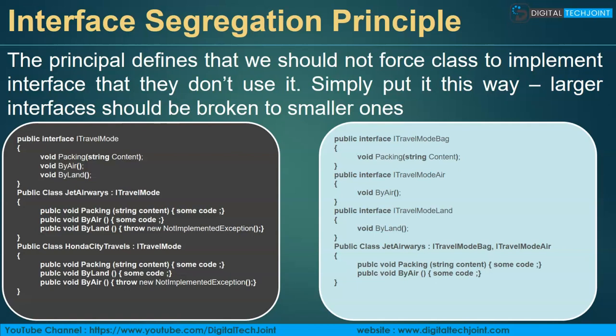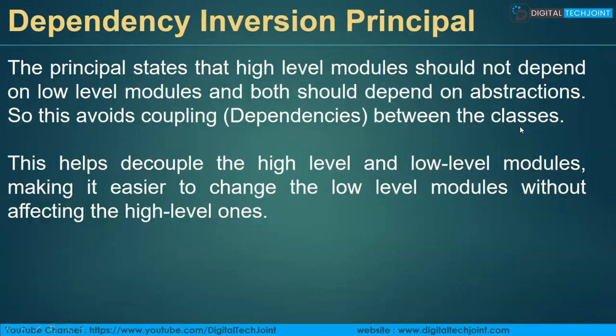Now our last principle is the dependency inversion principle. This principle states that high level modules should not depend on low level modules, and both should depend on abstraction. This avoids coupling. Coupling means dependency between classes. This helps decouple the high level and low level modules, making it easier to change the low level modules without affecting the high level ones.